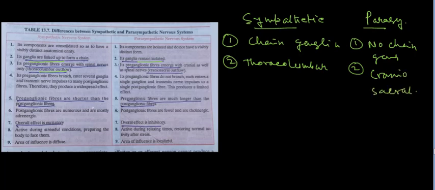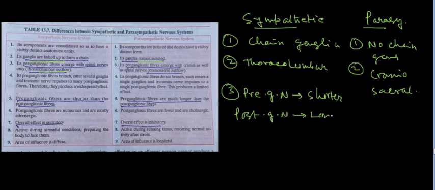Okay, and the preganglionic fibers are shorter. So the preganglionic neurons in the sympathetic division are shorter, and the postganglionic neurons in the sympathetic division are longer. But in the parasympathetic division, the preganglionic neurons are longer and the postganglionic neurons are shorter, just the reverse of the sympathetic division.